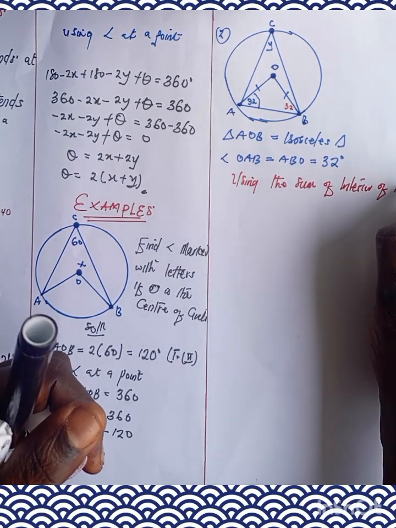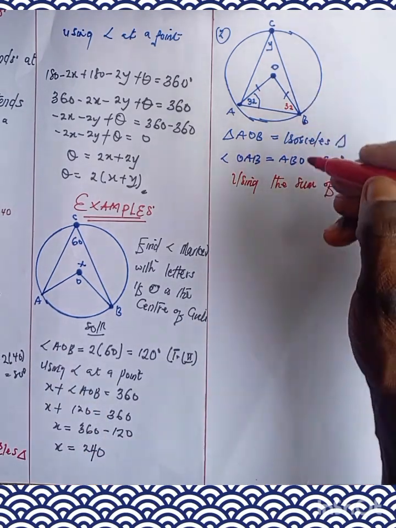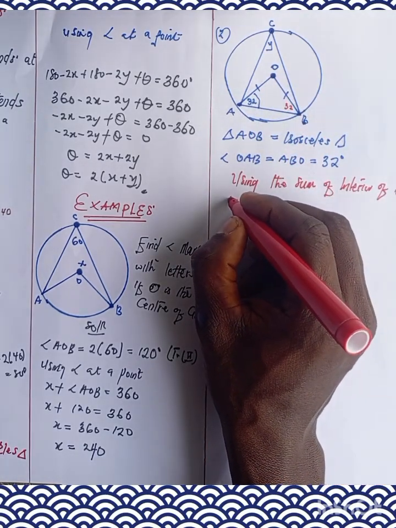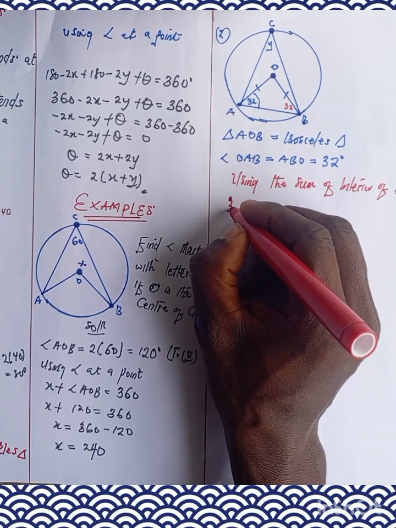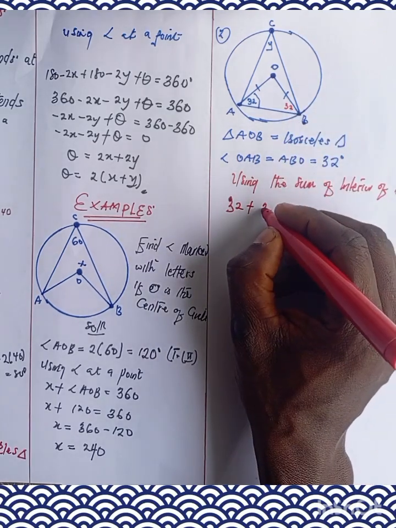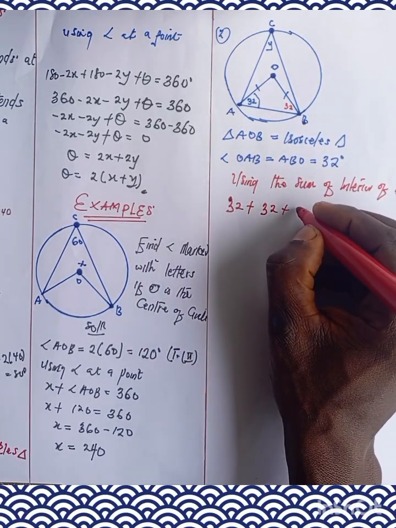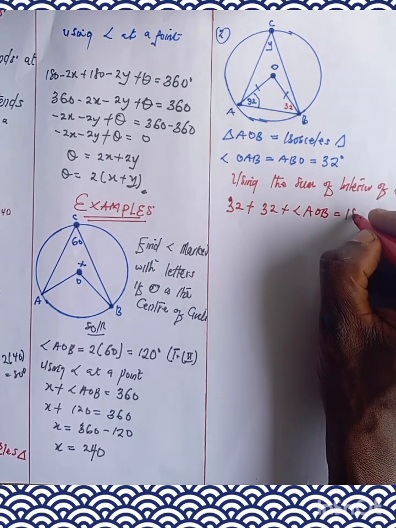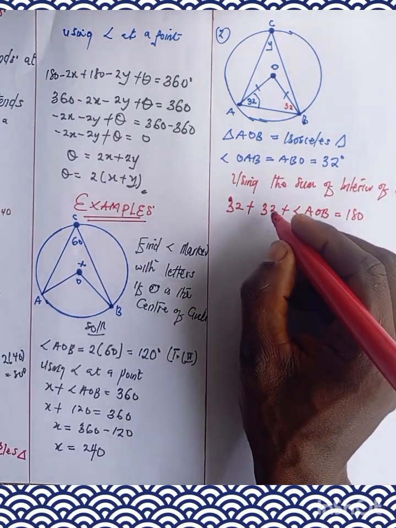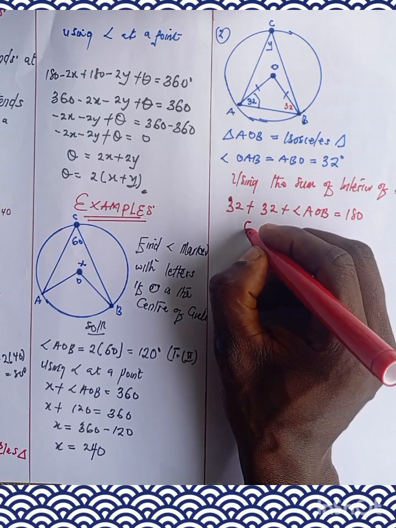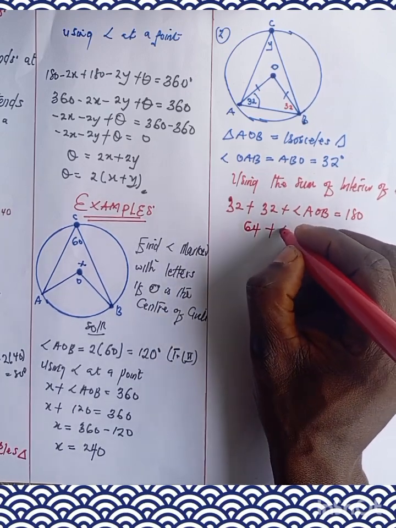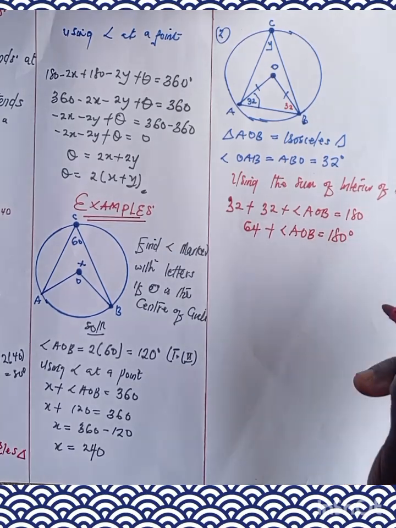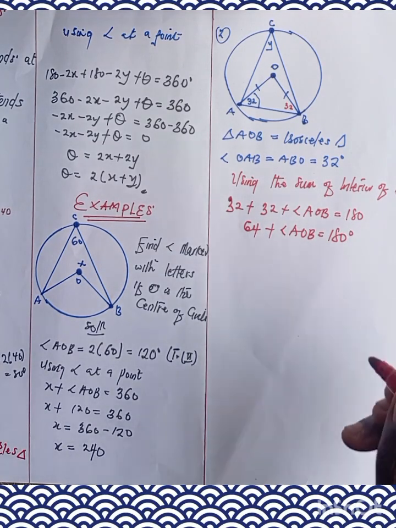Okay, now using the sum of interior angles of a triangle, we can get angle AOB. So 32 plus 32 here plus angle AOB is equal to 180 degrees. 32 plus 32, we are getting 64 plus angle AOB is equal to 180 degrees.